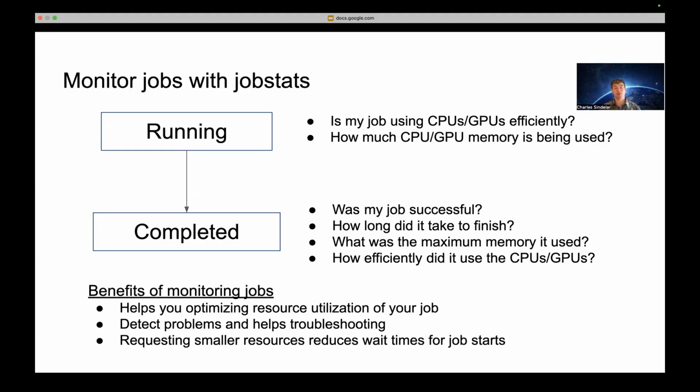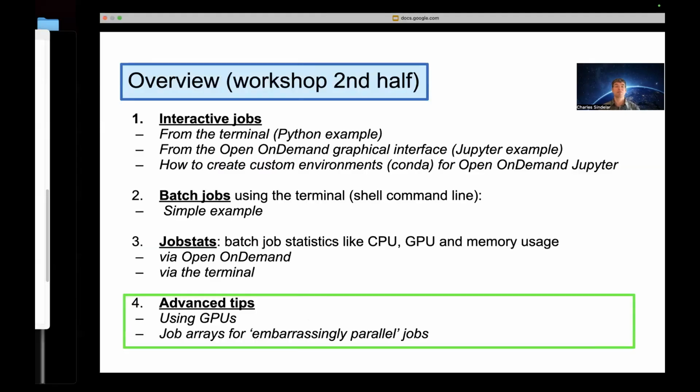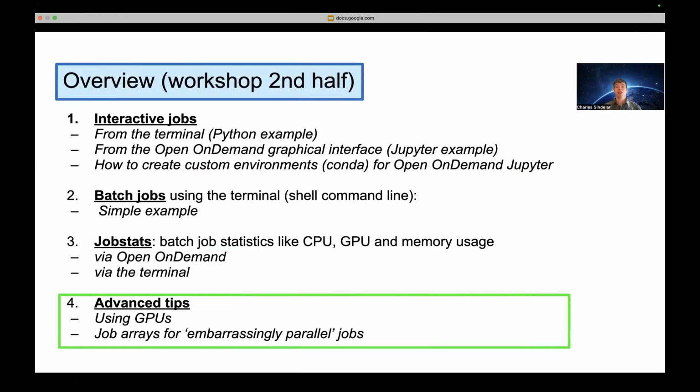And importantly, we encourage you to use this tool to request fewer resources when you don't need them, for example, memory. And this will also help you reduce wait times for starting your jobs, because the fewer resources you request, the more likely it is you will find an available resource. So that concludes my discussion of job stats.